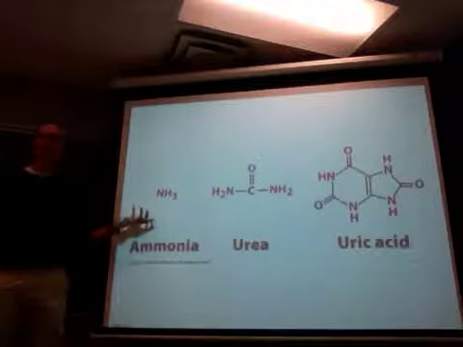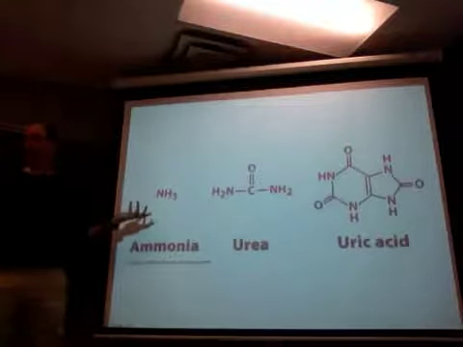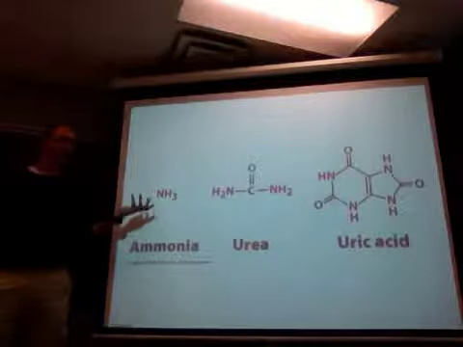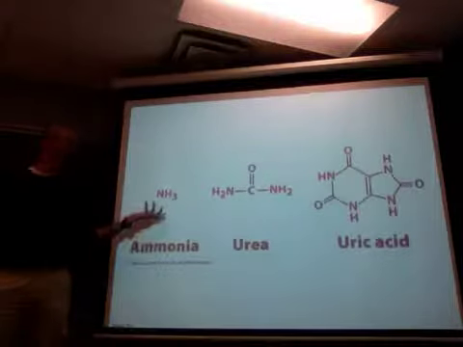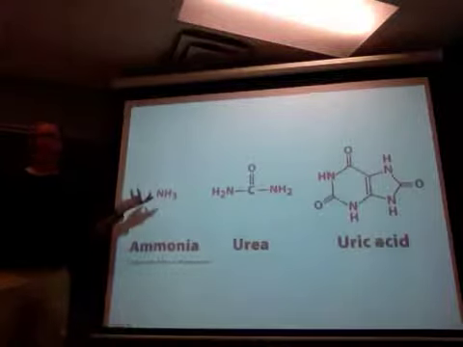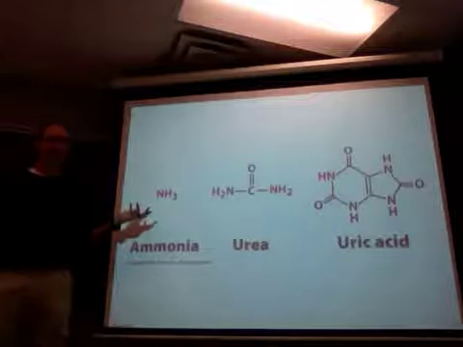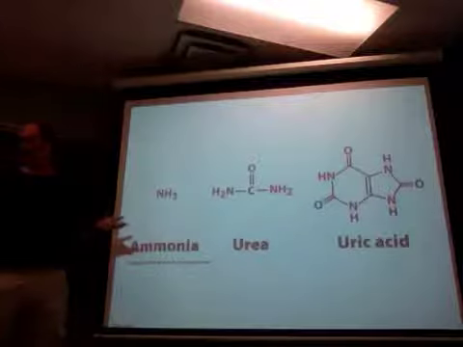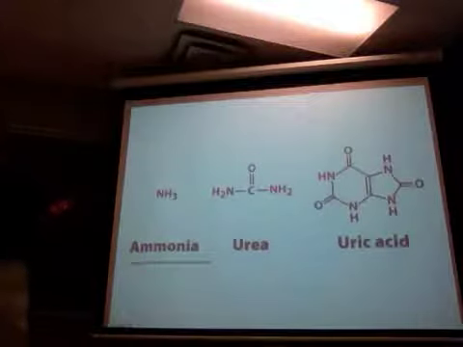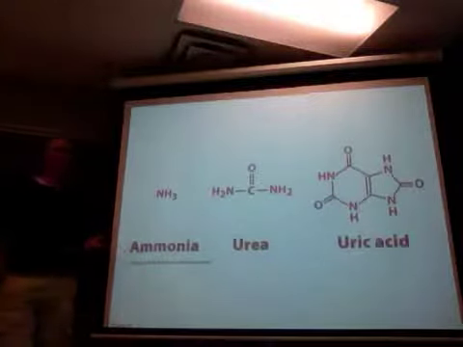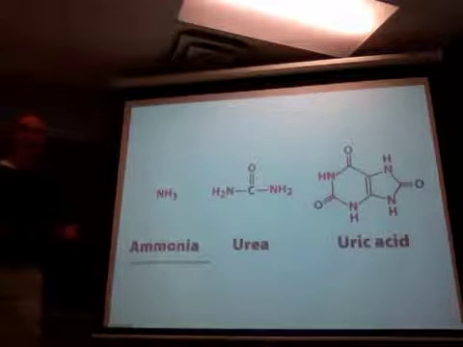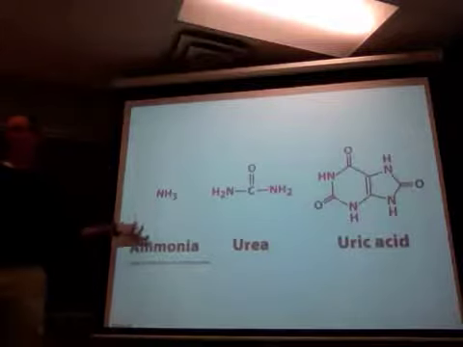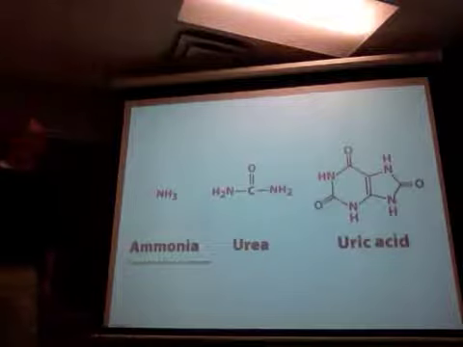So fish tend to, right? Because they live in an aqueous environment. They don't have to concentrate this. They can just let the ammonia diffuse across their gills. And so their gills become an excretory organ, right? So oxygen can diffuse in, ammonia can diffuse out, and so really that's how the fish deal with it.